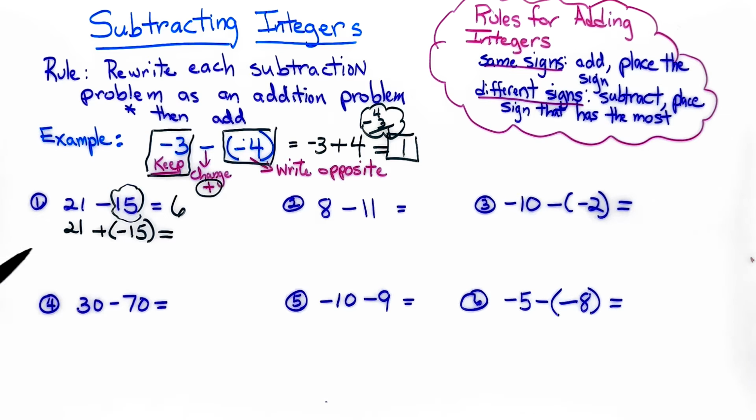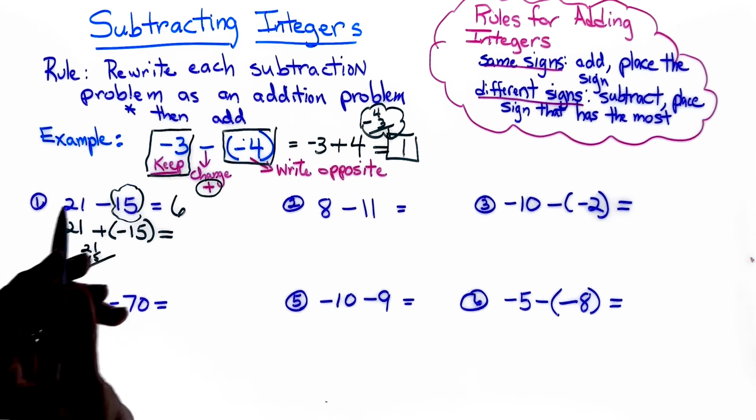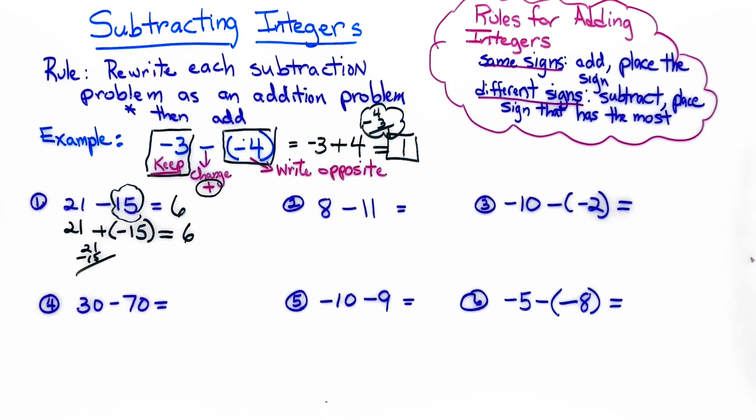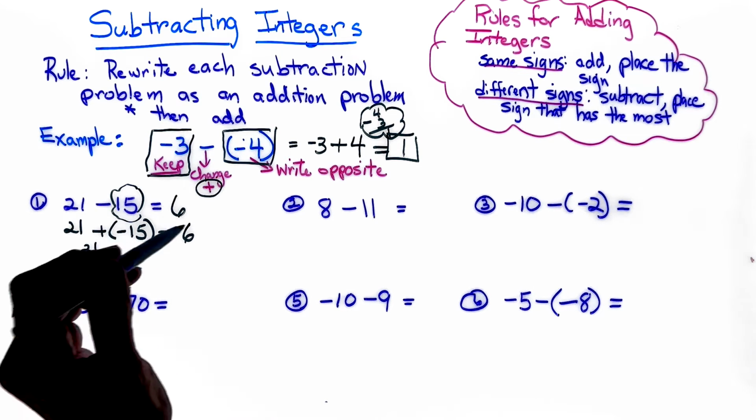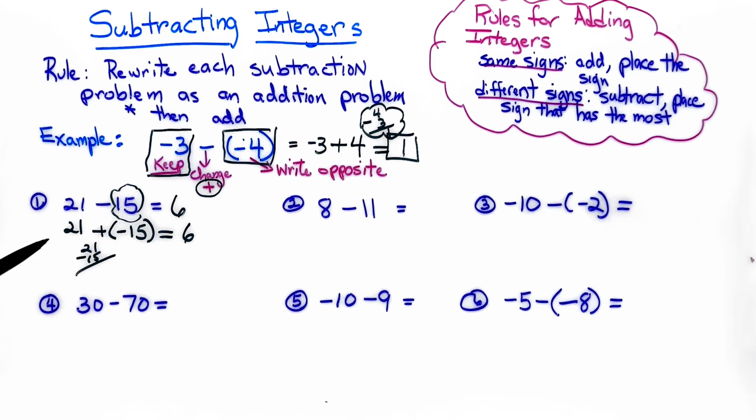And notice 21 is positive, 15 is negative. I must subtract, just subtract the numbers, not even thinking about the signs. So I have a 21 minus a 15, and we see that that is 6. And what do I have more of? More positives. So the answer is 6, as we found just really without even changing it.